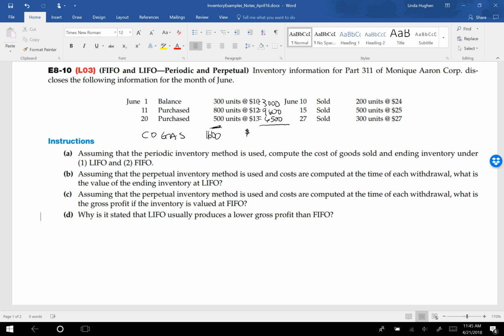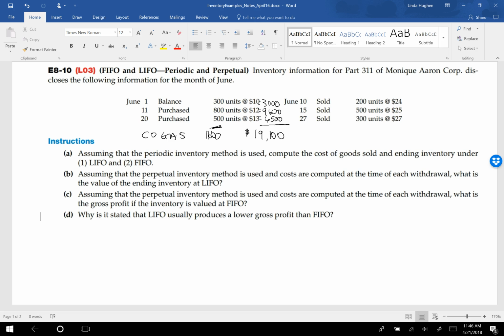Remember, cost of goods available for sale is not reported on any of the financial statements. It's just used as inventory control. So when I add the $3,000 beginning balance of inventory, plus the 9,600 purchase, plus the 6,500 purchase, the most amount of inventory that could be sold was 19,100.